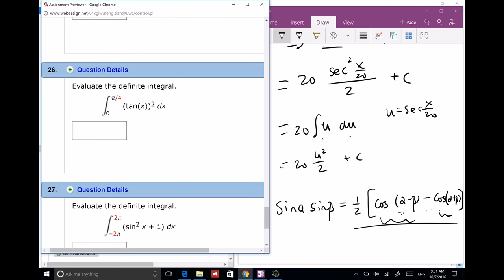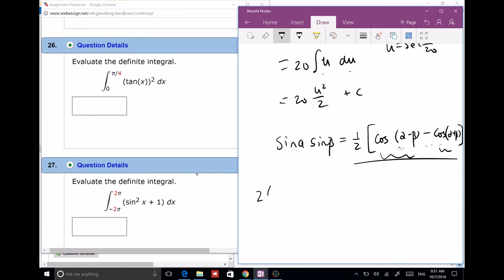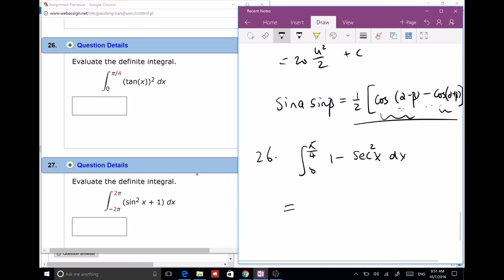Number 26, you can use 1 minus secant squared. Number 26 is pretty simple as well. So just use 1 minus secant squared x dx. Can anyone tell me why I do this?